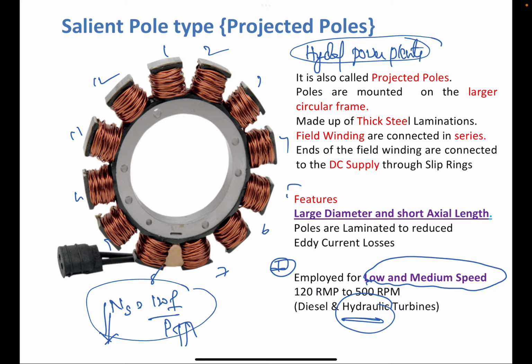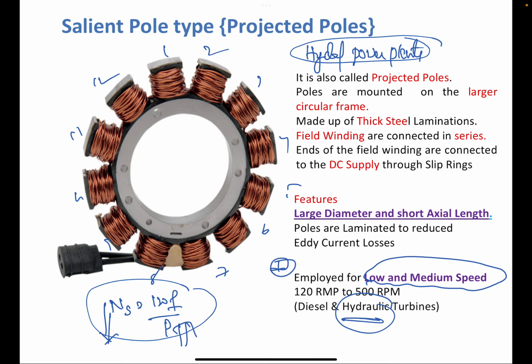Which type of rotor is suitable in tidal power plants? Salient, so many times asked. In tidal power plants, as per the water head, we generate the torque that makes the rotor rotate. The turbine is for lower speed applications, up to 300 RPM, not more than that. So the suitable rotor here is the salient type rotor.